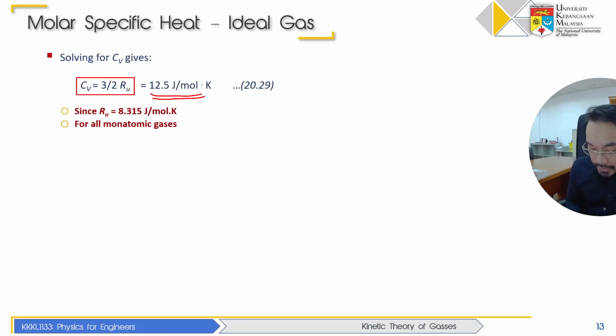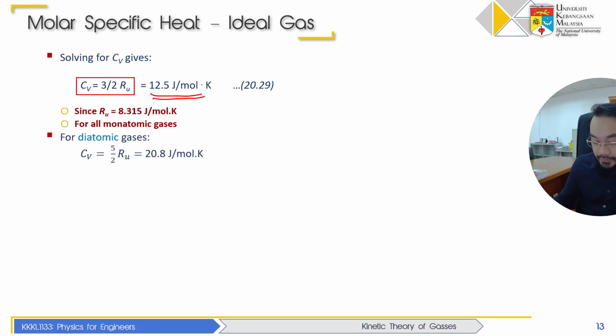So C_V for a monoatomic gas is constant regardless of the material, whether helium, neon, or xenon. The C_V does not change. The molar specific heat capacity for a monoatomic gas in a constant volume process is 12.5.